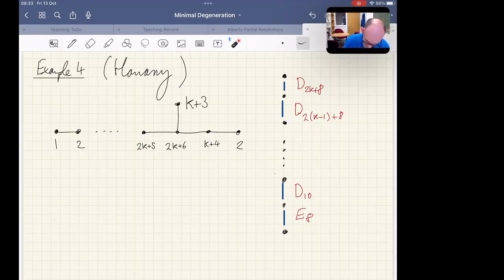You have this whole tower of type D Kleinian singularities that get smaller and smaller in rank. But then at the very bottom, you've got an E8 Kleinian singularity. And again, you can just use the combinatorics of the quiver and the root system to compute all these representation types, and you get out this Hesse diagram.